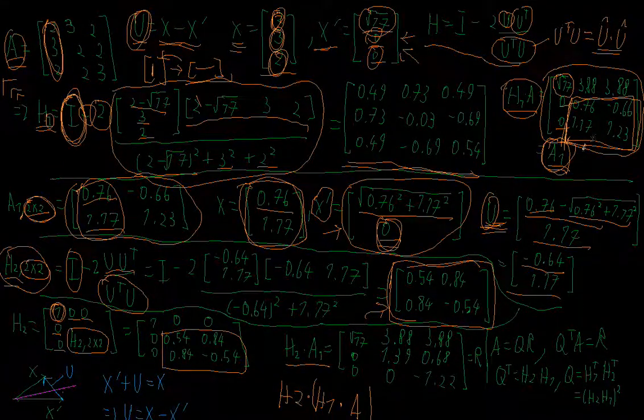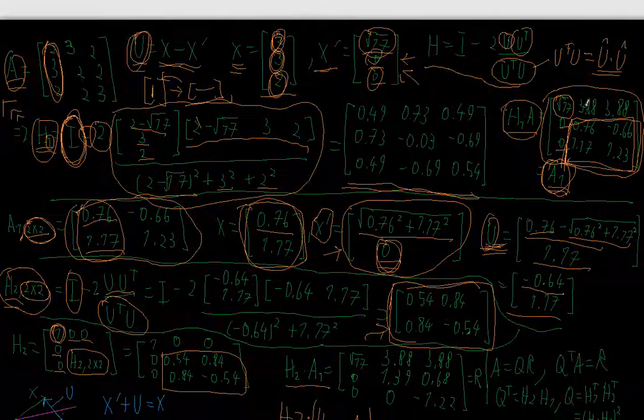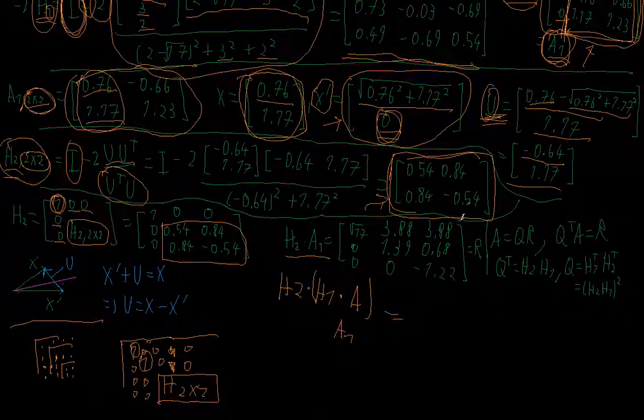This is simply the result of the first transformation that we did before. If you do that, the things outside the submatrix that we considered here didn't change. So we still have square root of 17, 0, 0, 3.88, 3.88.